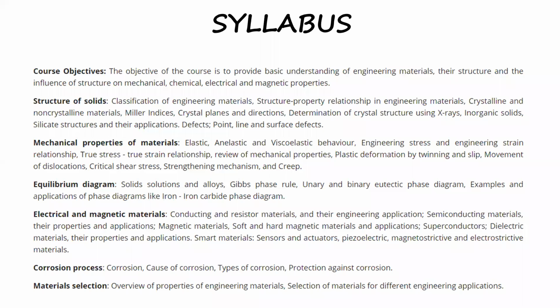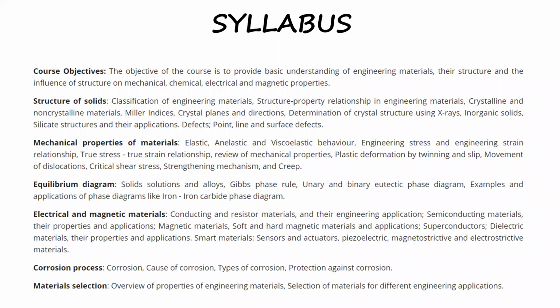Once you are through with the understanding of the internal structure of the solid and start predicting the properties of the material, then we will discuss different properties of the material pertaining to different categories of their application. In this, we will discuss the first aspect, which is the mechanical properties of the material.